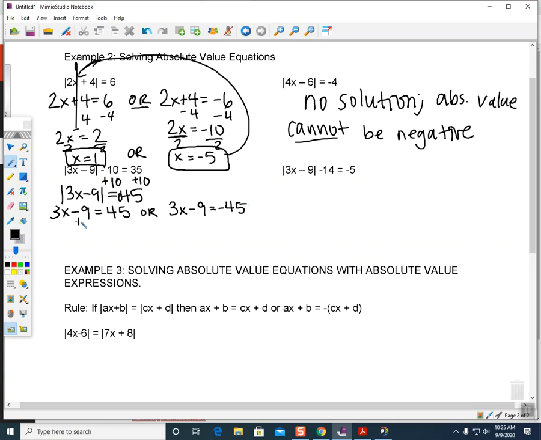I'm going to add 9 to both sides. Leaves me with 3x equals 54. We'll divide both sides by 3. Leaves me with x equals 18.